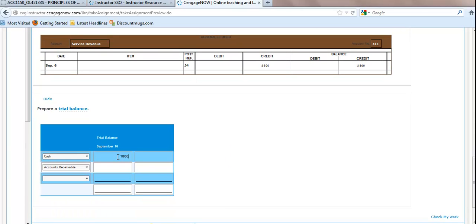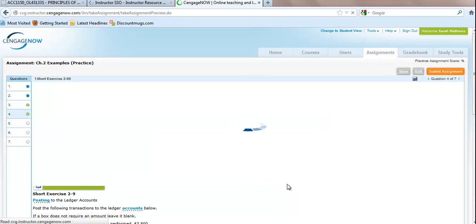The only other account I have is my service revenue, and it has a balance of $3,800. So if I add up all my credits, $3,800, and all my debits, $3,800, my trial balance equals. So we'll check our work, to make sure we haven't made any mistakes.